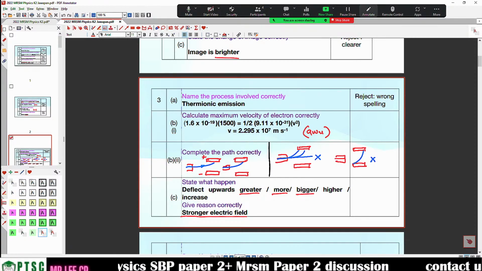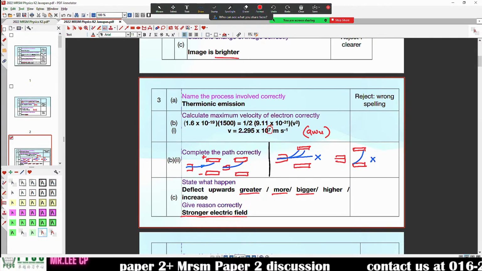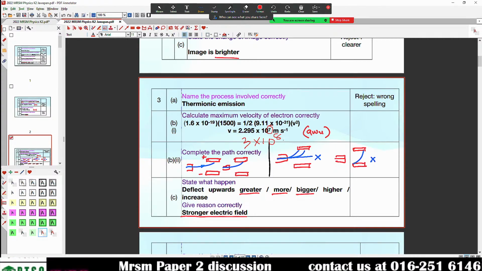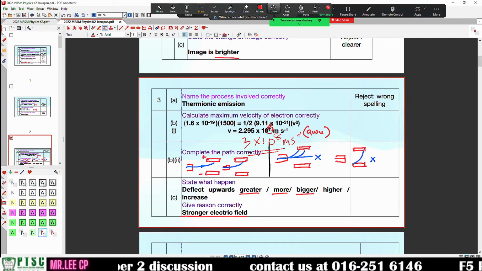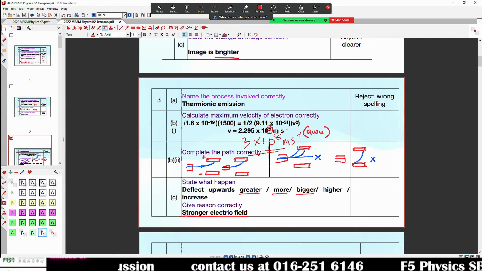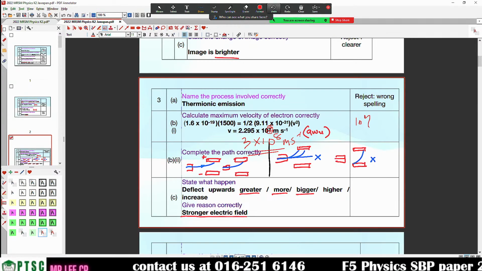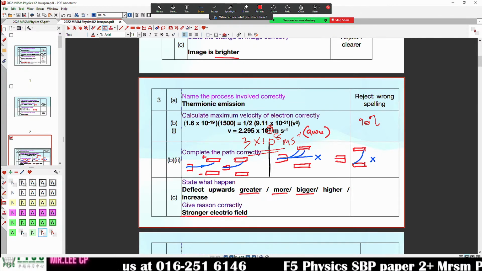When you do it, be careful. This cannot be more than the speed of light. Speed of light is 3 times 10 power 8, so no matter what, you cannot be more than this. Must be 6 or 7, normally it is 7. I told you it is 10%. Not 10%. The speed of the electron is 90% of the speed of light.